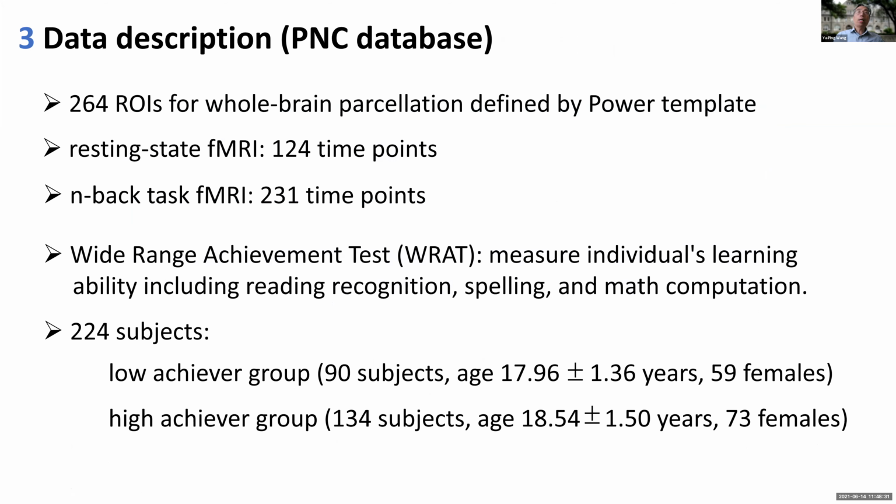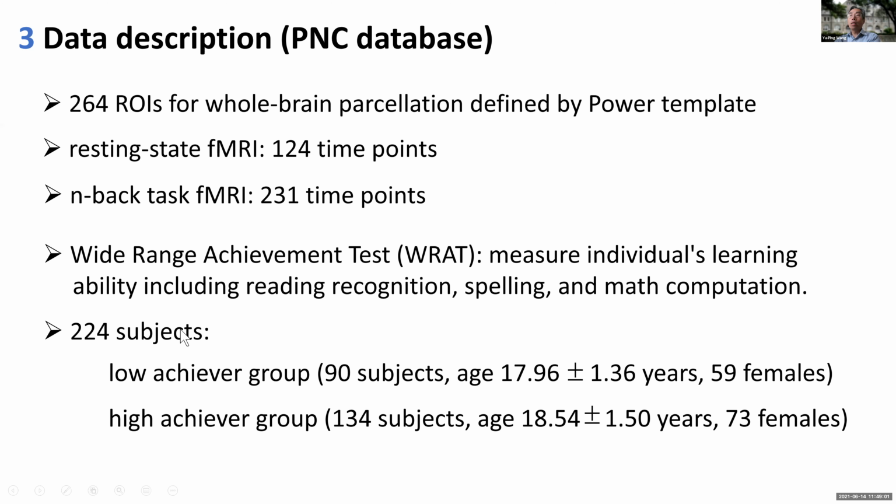For the PNC data sets, we also perform brain tessellation using the Power template to divide the brain into 264 regions or ROIs. We test two fMRI types, including the resting state and the embedded task fMRI.